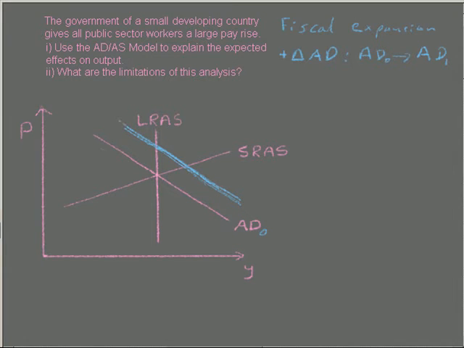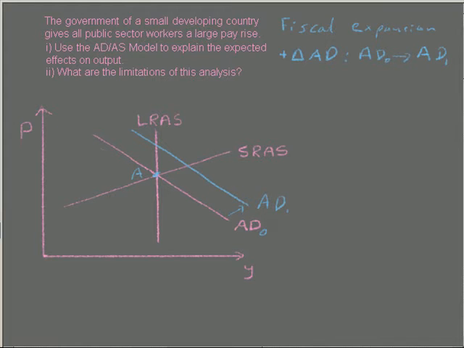It's roughly right. Let's move it that way. Now if we had an original equilibrium over here, where aggregate demand, short run aggregate supply and long run aggregate supply were all in equilibrium, that's where we started.